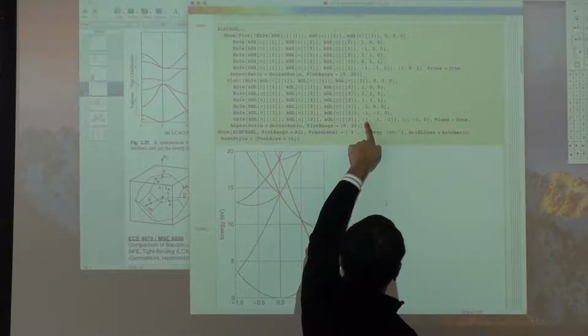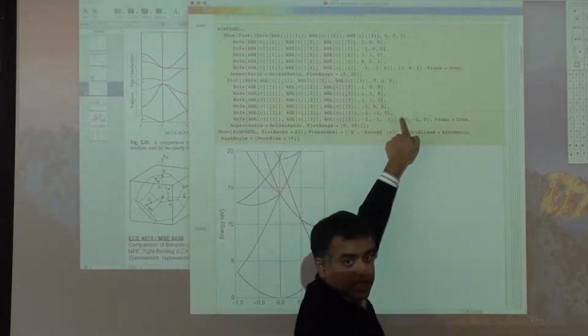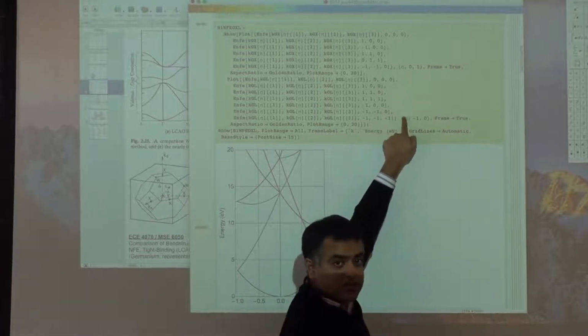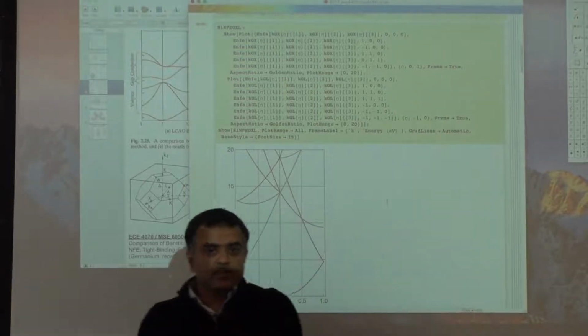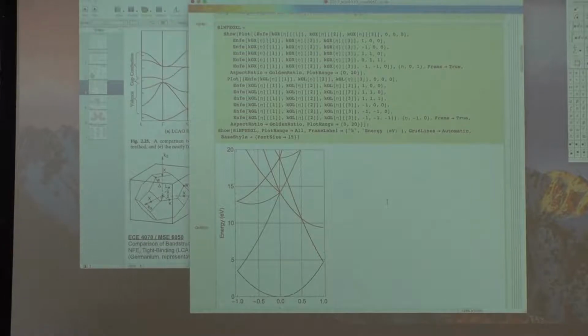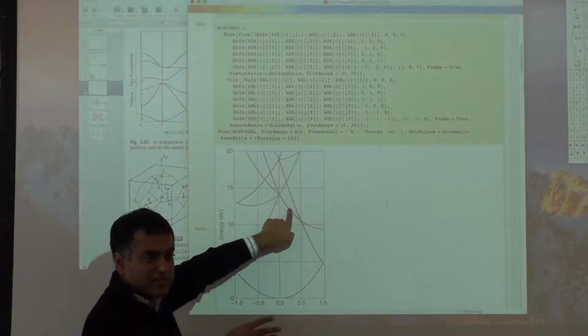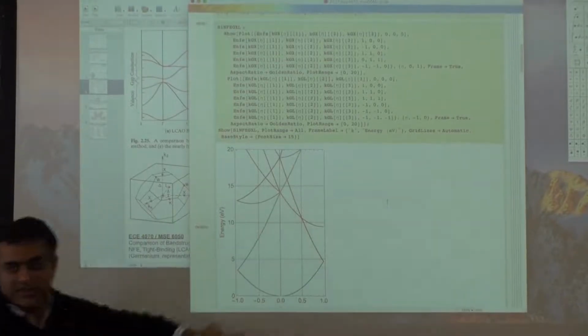And then here's my G vector, -1, -1, -1, n1, n2, n3, all three. Here's another G vector, -1, -1, 0. So I just run through them. Each curve has its own associated G vector. Absolutely, yeah. And some of these curves have like 4 G vectors. They all lead to the same curve. So that's a degeneracy.